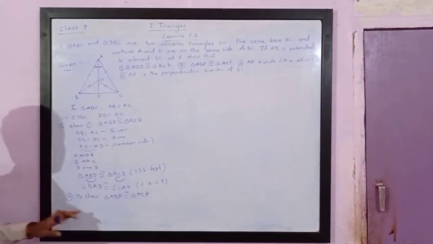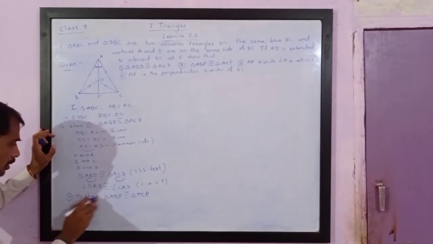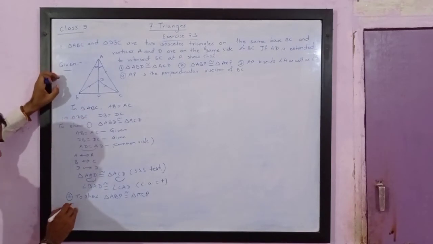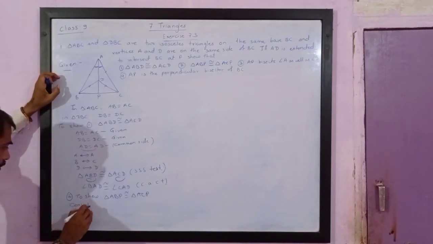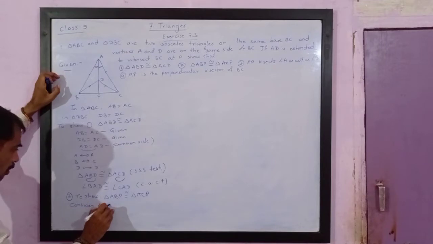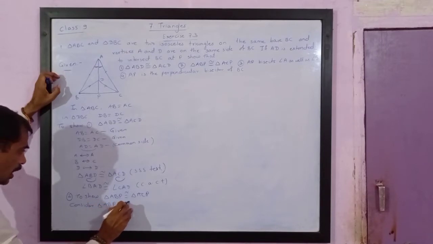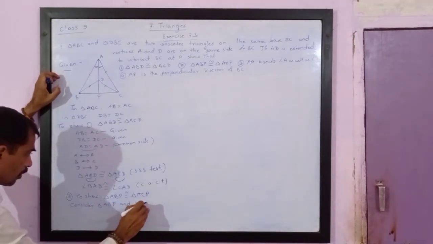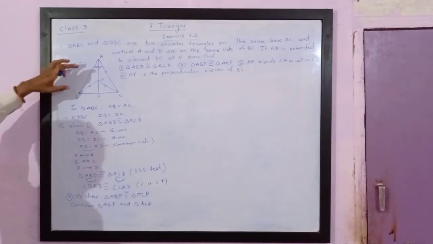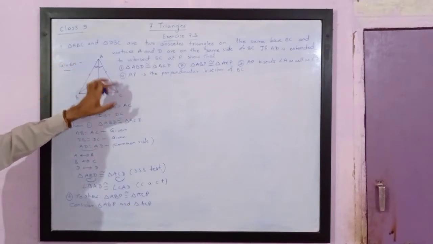So to write the solution of this second part, I have already given here second number. Consider triangle ABP and triangle ACP. Here ABP is this and ACP is this triangle.